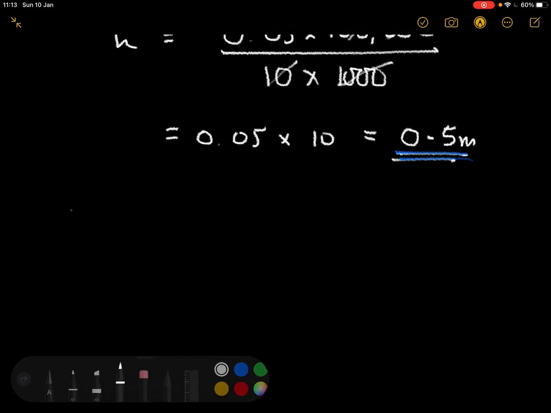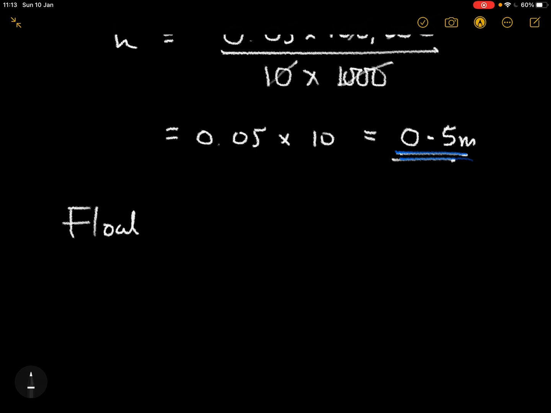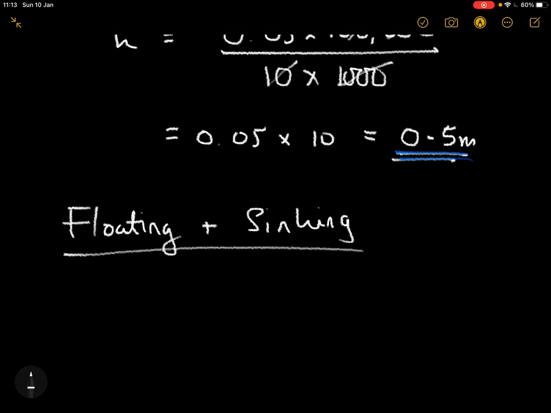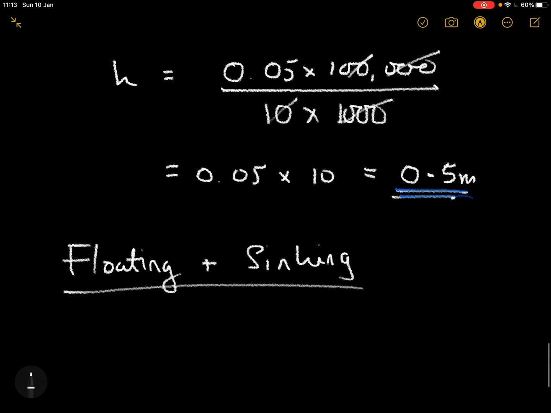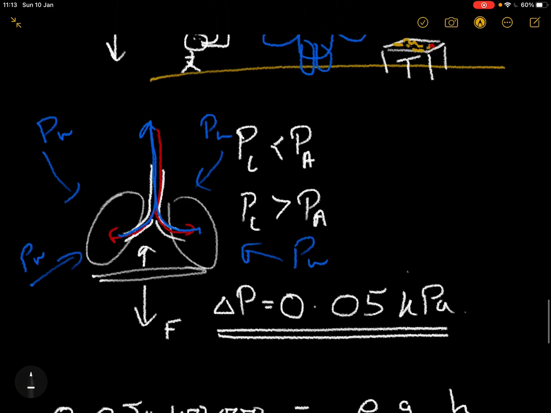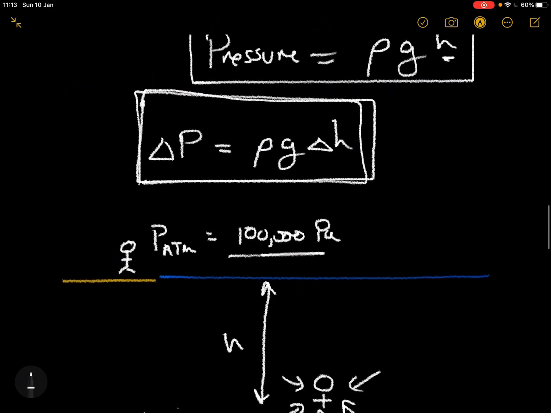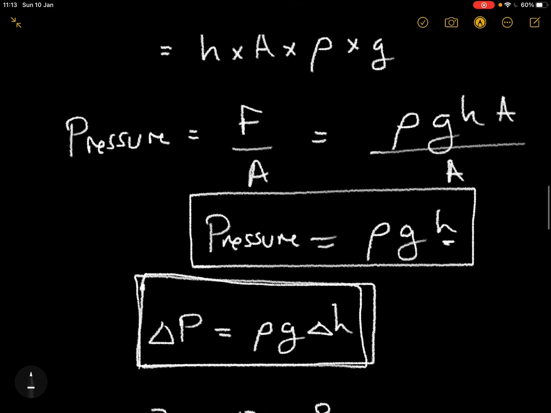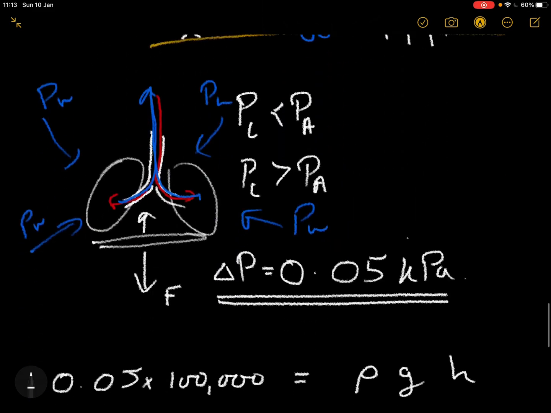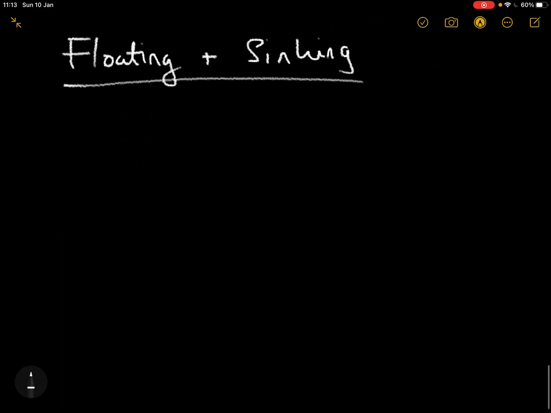So let's go back to the starting idea of floating and sinking. That comes largely out of this relationship and this equation, this pressure difference, because we derived it by thinking about a dimensionless object.